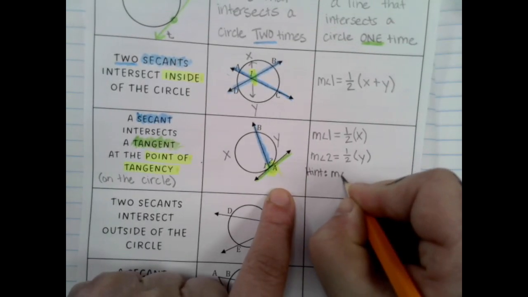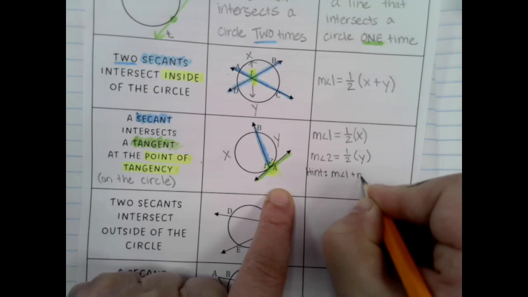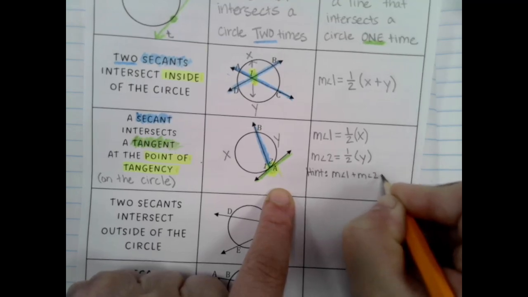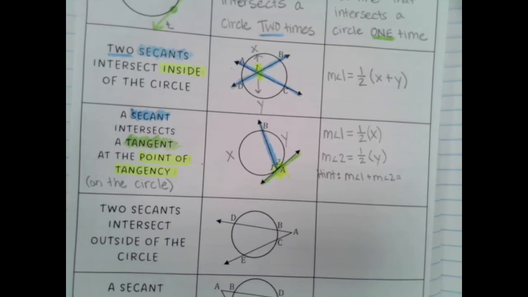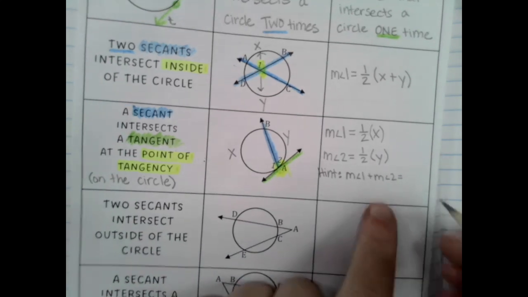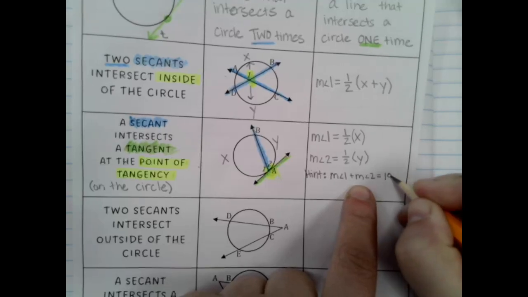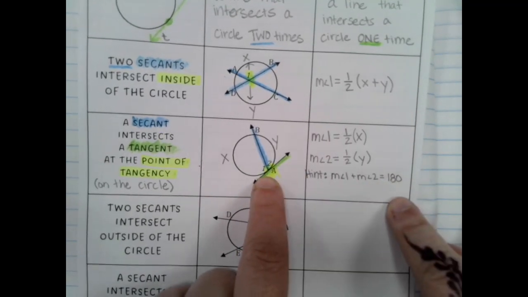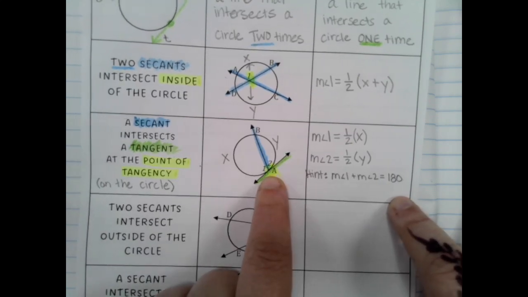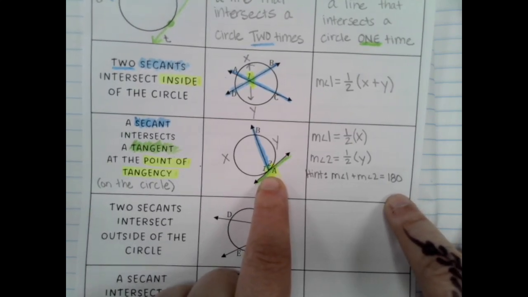What would they have to add up to? How many degrees is a line? 180. So we know that these 2 angles would add up to 180. So if I know one of them, I can figure out the other by subtracting from 180.